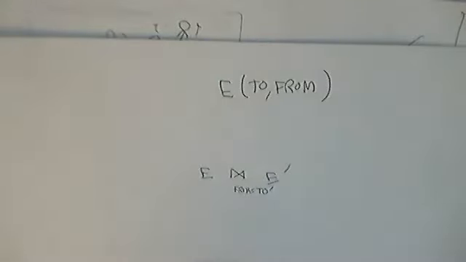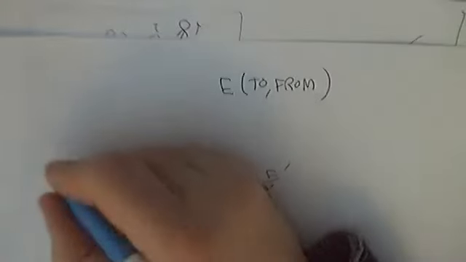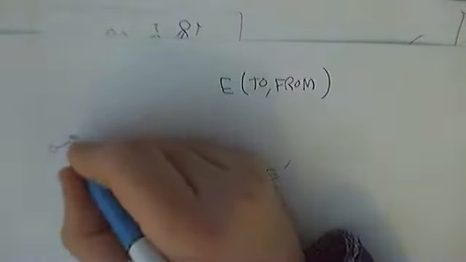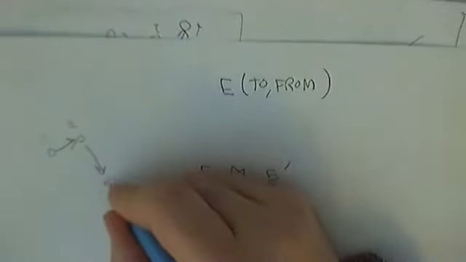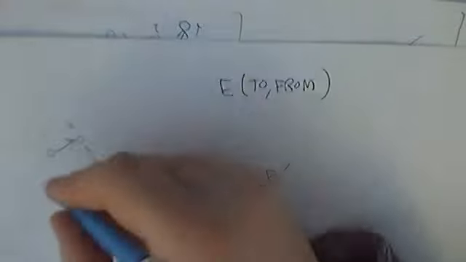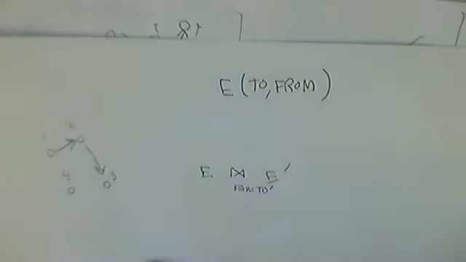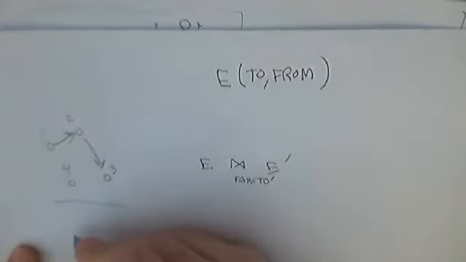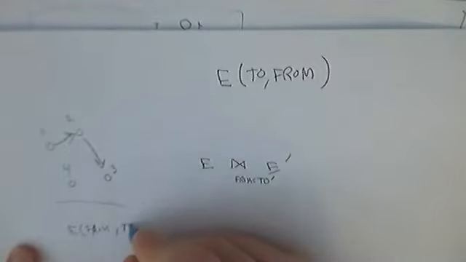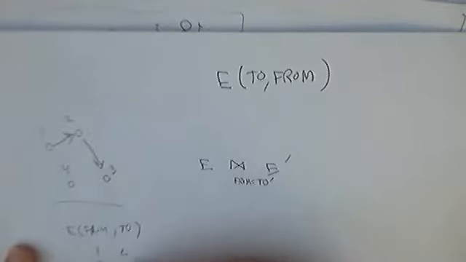So what does that give me? Let's make a real simple graph here. There's 1, there's 2, there's 3, and there's 4. This is represented as the relation E, from, to: 1, 2 and 2, 3.